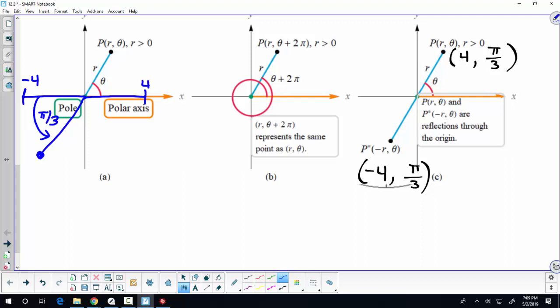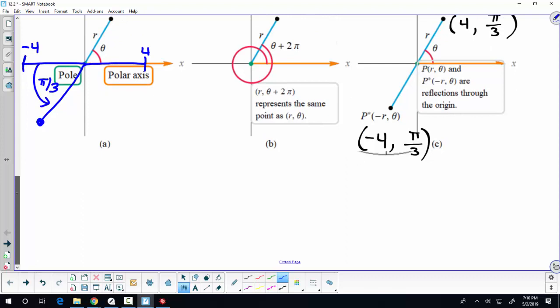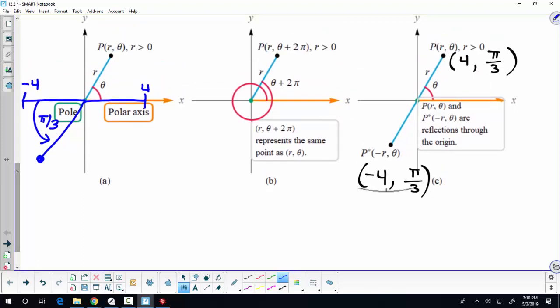So it's always measuring from the polar axis. Just like in Cartesian, we always start at theta equals 0 and counterclockwise is positive. That convention is still true here too. So that's just negating r, we get a reflection through the origin.